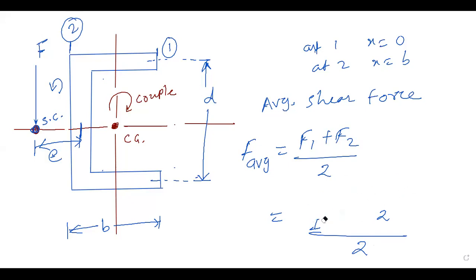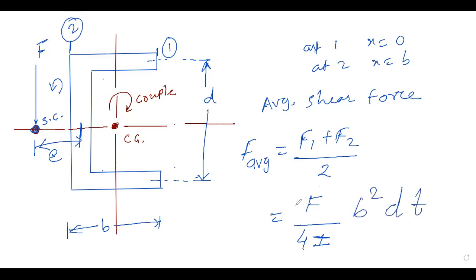If X is 0, then 0 only will come. If X is 0, the value of F1 will be 0 only. The value of F2 will be there, divided by 2. Now after simplifying, you get F by 4I B square D into T. This is the average shear stress, right?